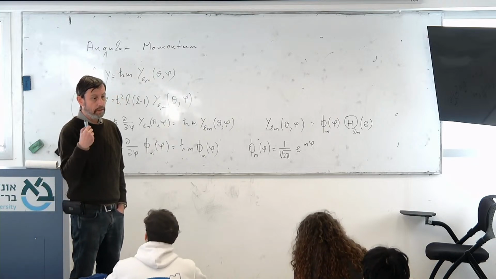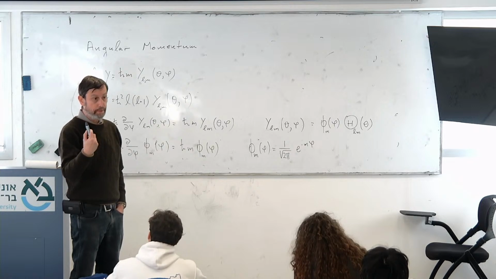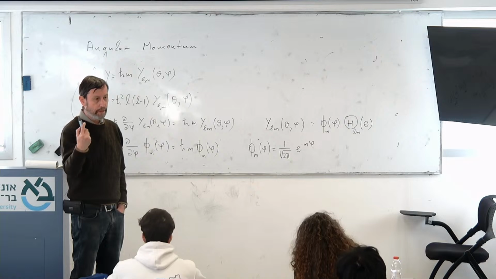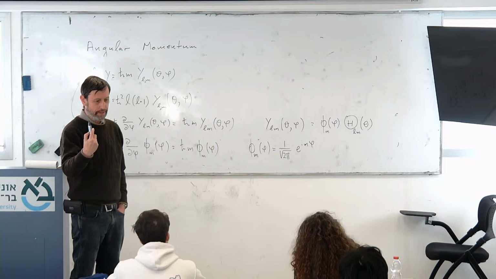And since I have periodic boundary conditions, each time I go 2 pi on phi, I have to return to the same wave function.